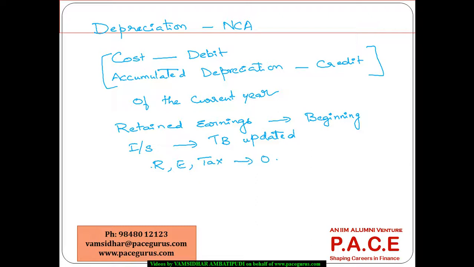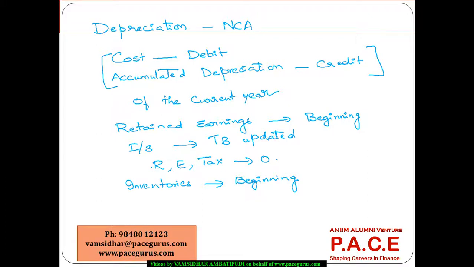So as a part of the trial balance, the retained earnings that I am going to get is at the beginning of the period. The same thing applies to inventories. What I am going to see in the trial balance regarding inventories is the number at the beginning of the period, not at the end. The end figure is updated along with the preparation of the income statement and the balance sheet.